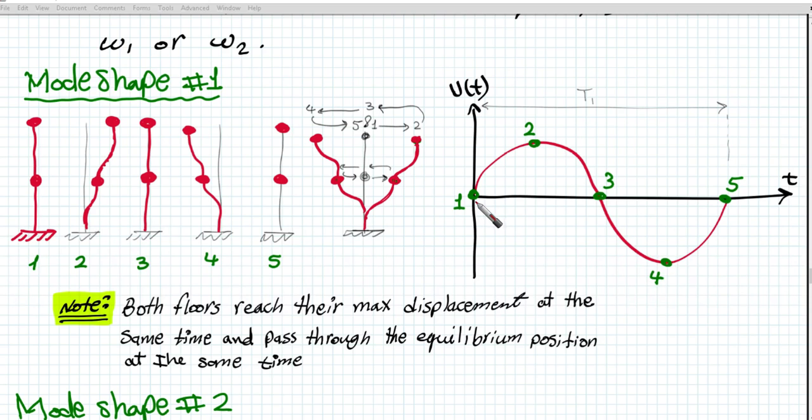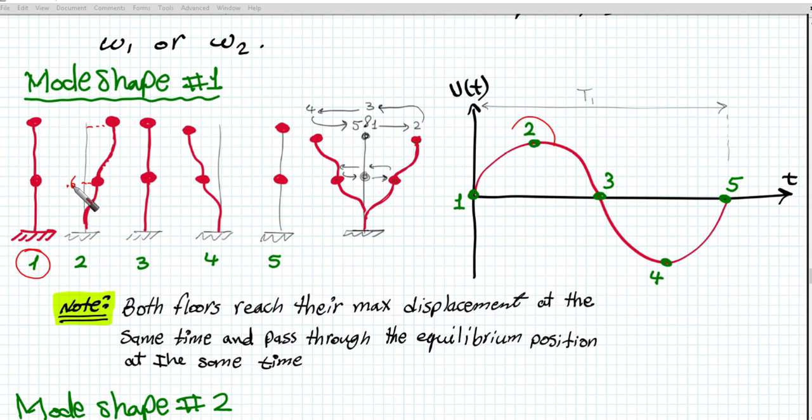If we start at point 1, which is the zero initial condition, what will happen? Our system was in the equilibrium position. When it goes to point 2, it is going to the right with the values that we explained before, 0.6 and 1.